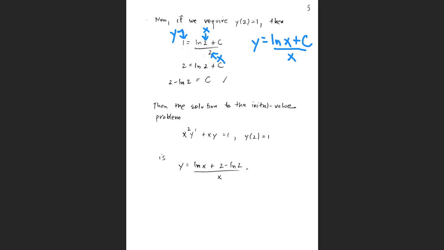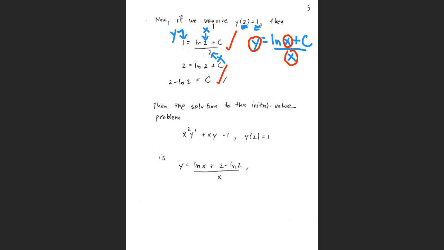And since when x equals 2, y equals 1, where I see the x, I put in x equals 2. Where I see the y, I put in y equals 1, and then I can solve for the constant. And the constant, it turns out, is going to be 2 minus the log of 2.